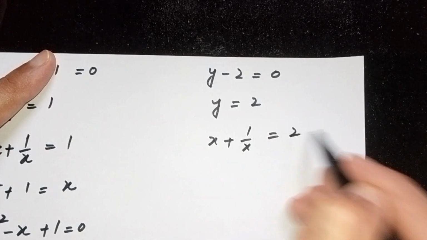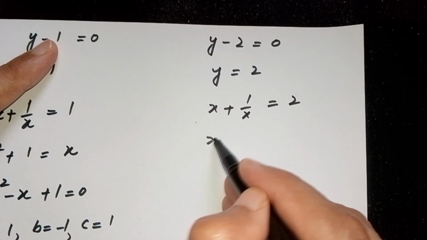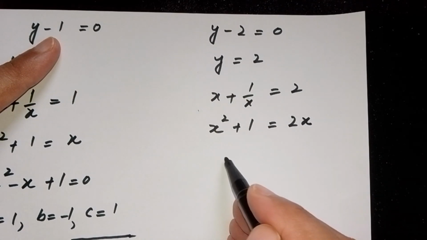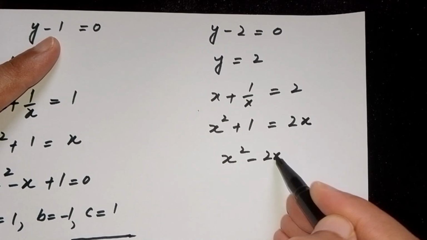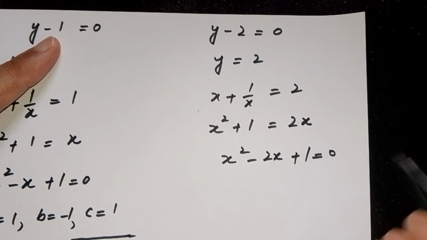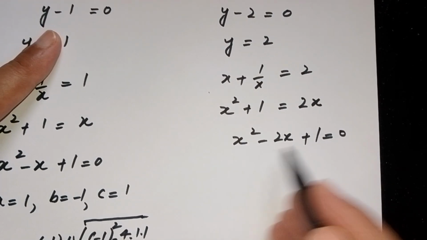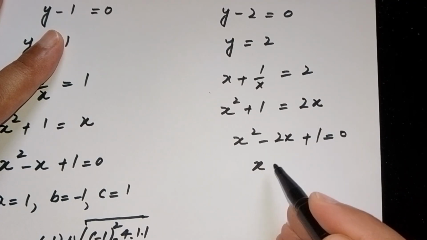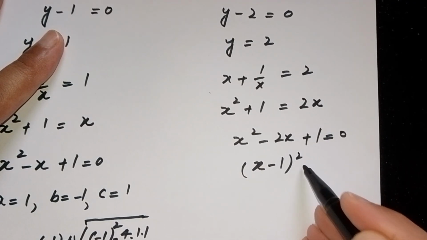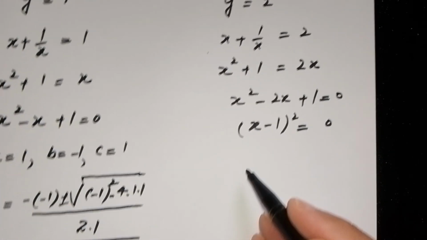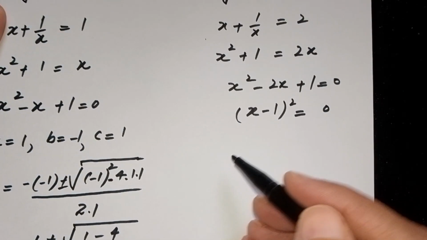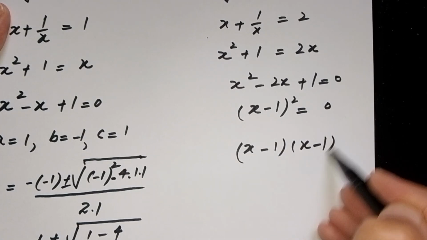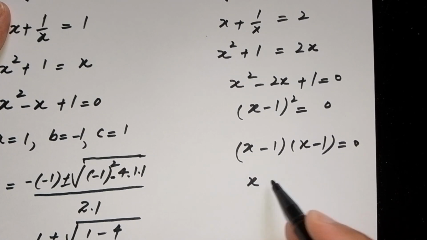Now for y is equal to 2: x plus 1 over x is equal to 2, and multiplying by x on both sides, we get x^2 plus 1 is equal to 2x. Bring 2x to the other side: x^2 minus 2x plus 1 is equal to 0. It is the formula for x minus 1 whole square, which is the product of x minus 1 times x minus 1 equal to 0.